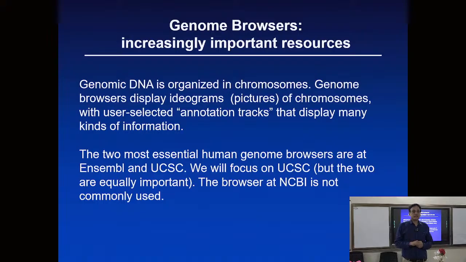So it's a challenge to visualize such long sequences. That's why browsers have been developed for you to scan over these sequences and visualize the genomes. Genome browsers are very popular. They are used not just for visualizing data, but also for downloading data.